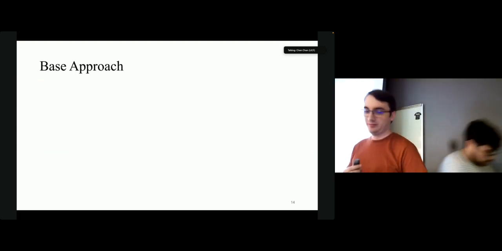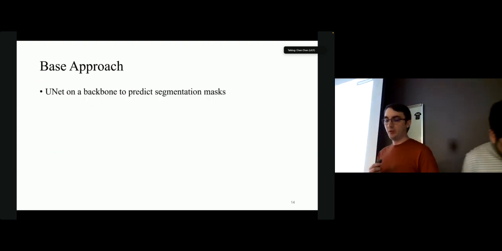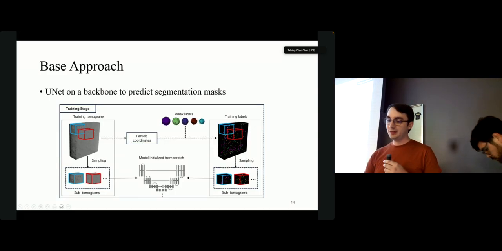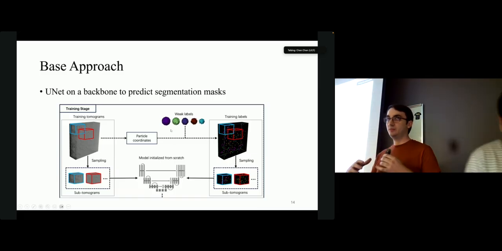So our base approach is a UNet backbone to predict segmentation masks. The overall architecture is that we have an input volume, the tomogram, and particle coordinates for where the centers of these different proteins are. We then create volumetric masks.